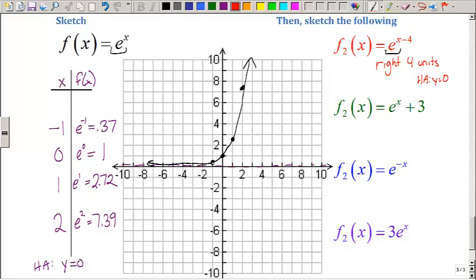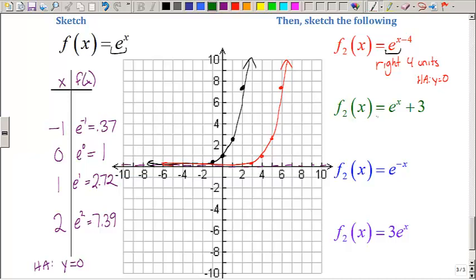So I'm going to take the black function and move it right 1, 2, 3, 4. Each of those right 4, keeping my horizontal asymptote y equals 0. I have this function, which looks like the black function shifted to the right 4.